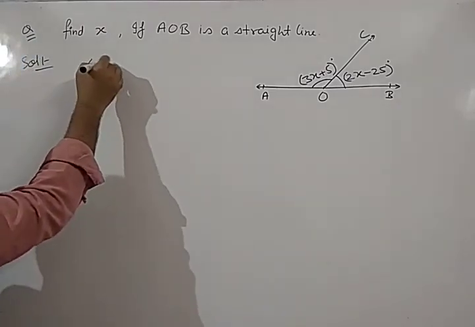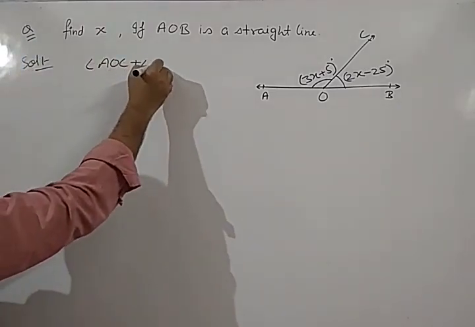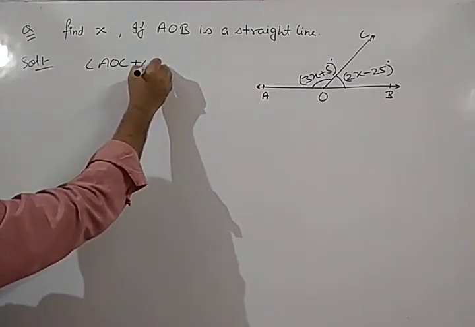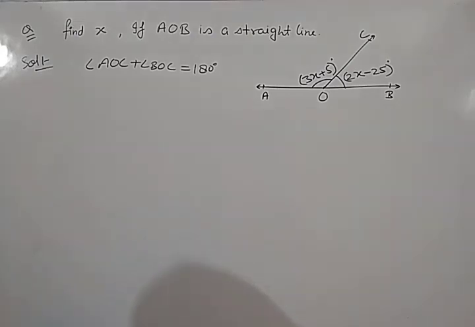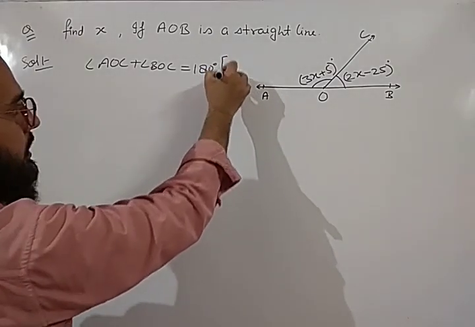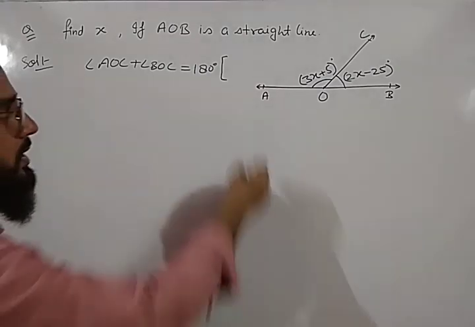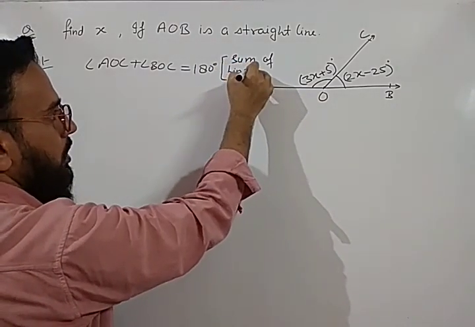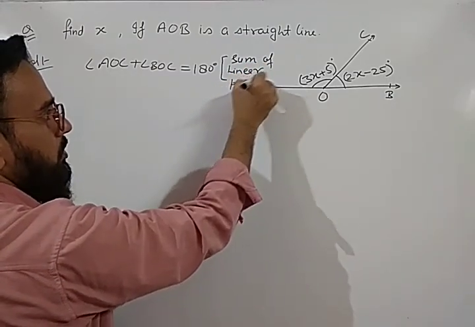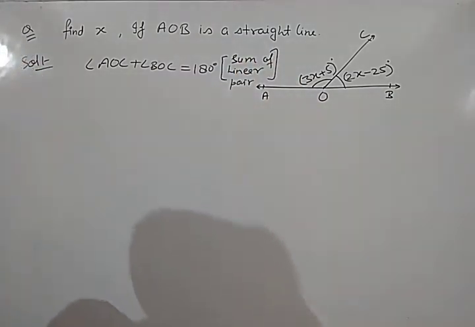We will write angle AOC plus angle BOC is equal to 180 degrees. But the most important thing is that you have to write the reason also. So what is the reason? You will write here sum of linear pair, because these are a linear pair. So the sum of a linear pair is 180 degrees.